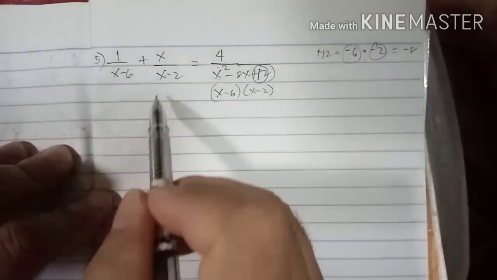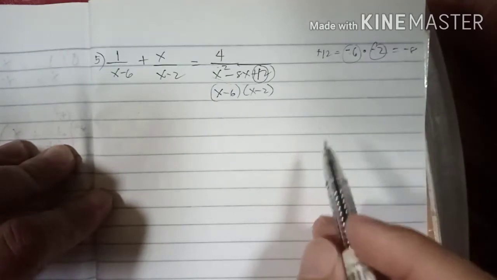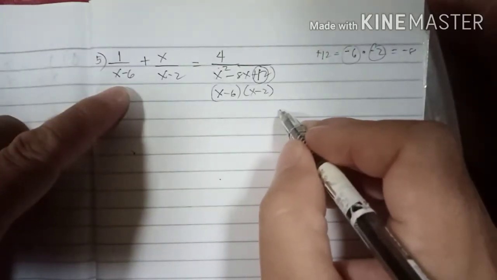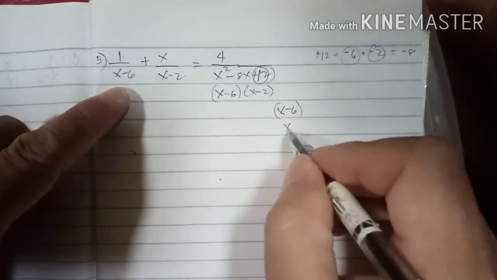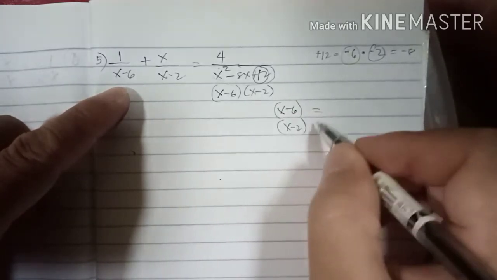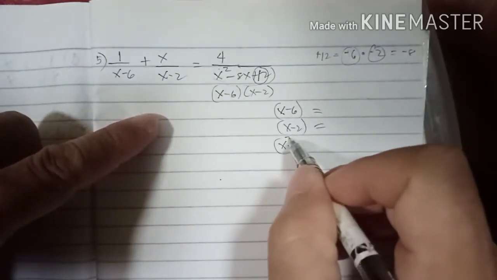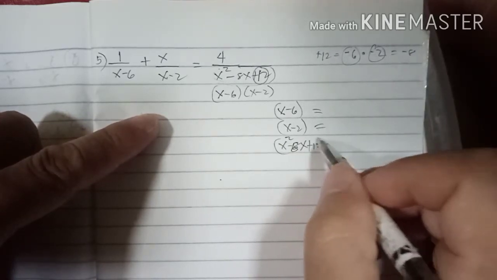And then, before we evaluate this equation, let's find out the LCD. So here, the first is x minus 6, and the second is x minus 2, and the third is x squared minus 8x plus 12.